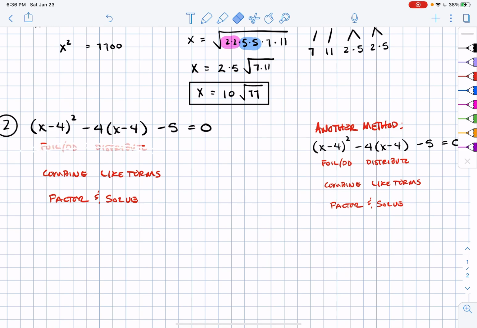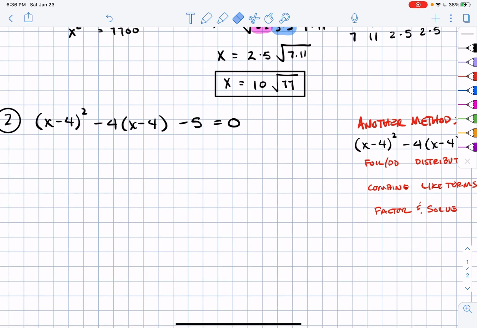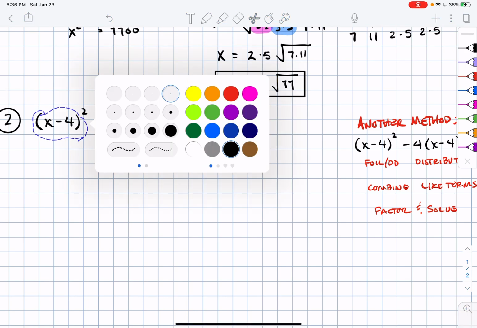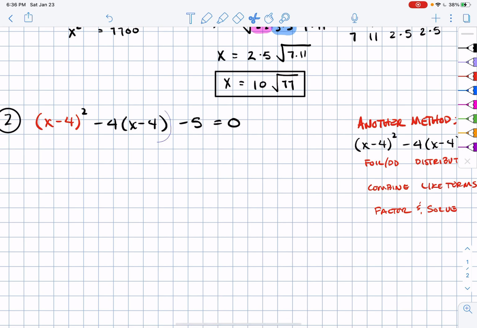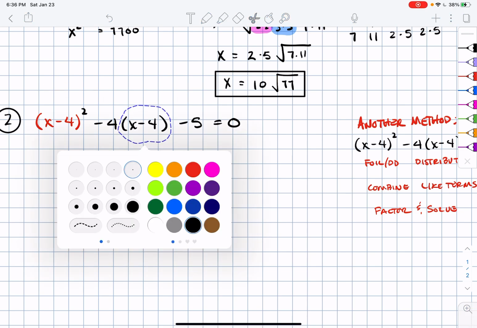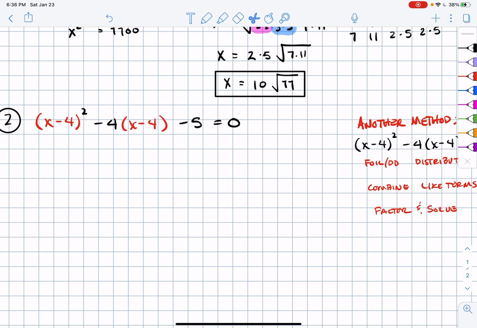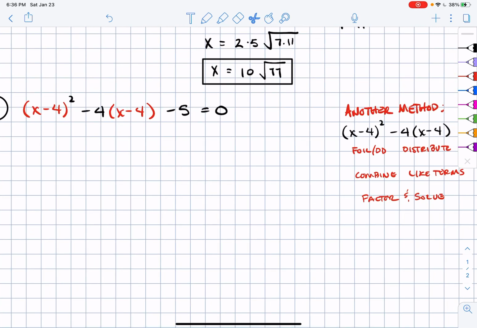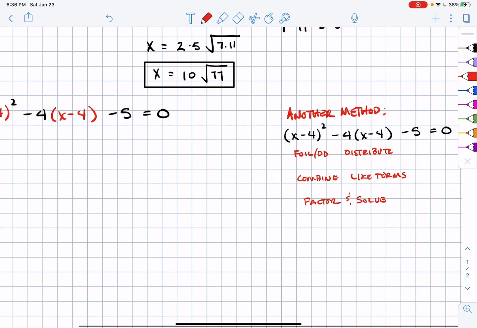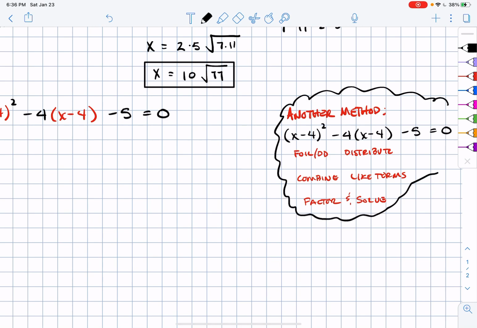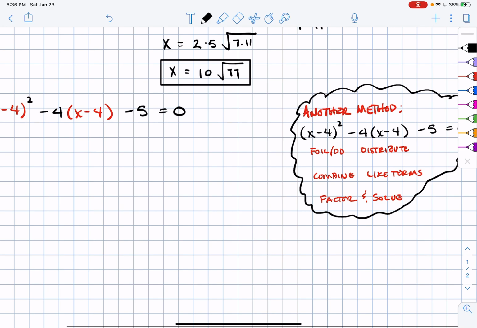However, appropriate substitution just means that what I want to do is replace this and this. So if you notice, it's the same thing, right? So whatever's in red is exactly the same thing. So what I would do is say, okay, let's do this here. All right, there's another method so that this way you won't get confused.